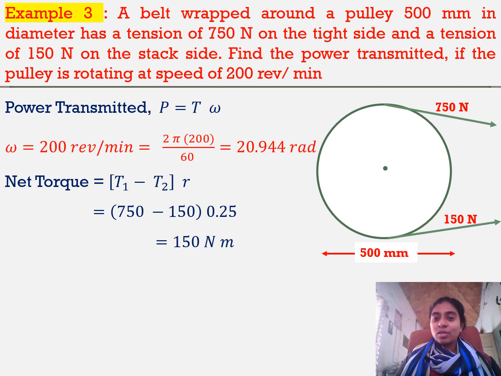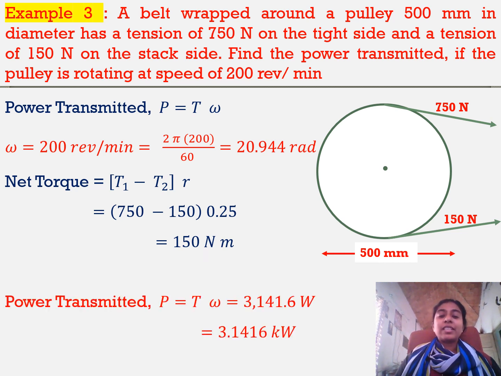So the tension is 750 minus 150, multiplied by the distance. Distance is the radius here. It is given the diameter as 500 mm, so 250 mm. So radius is equal to 0.25 meter. So we get 150 Newton meter.